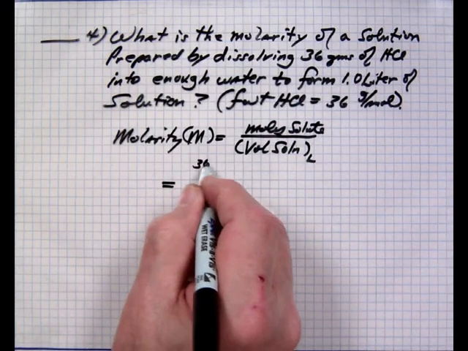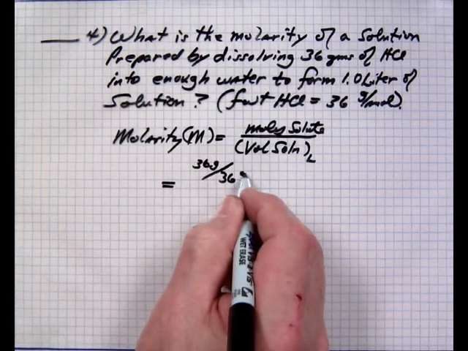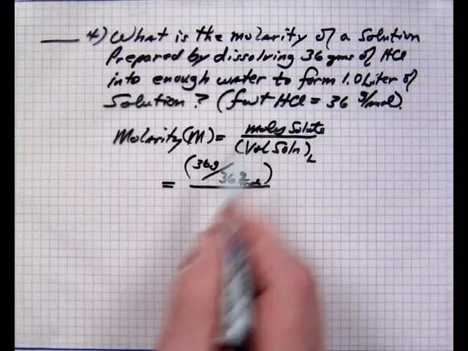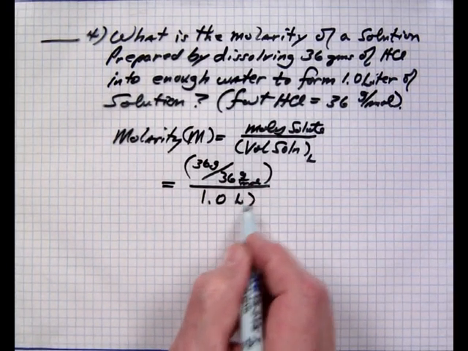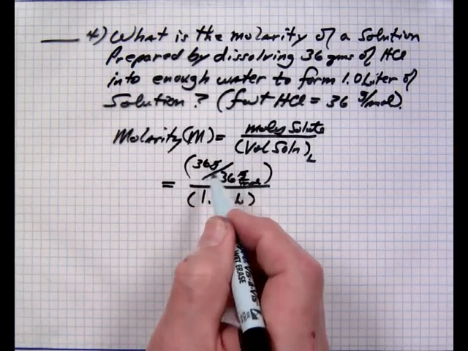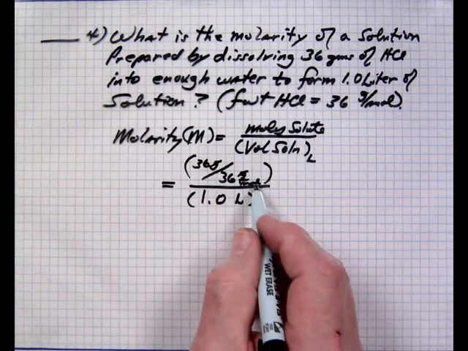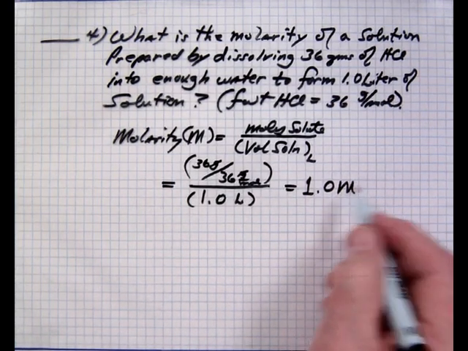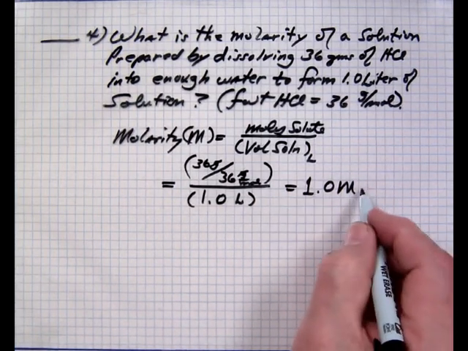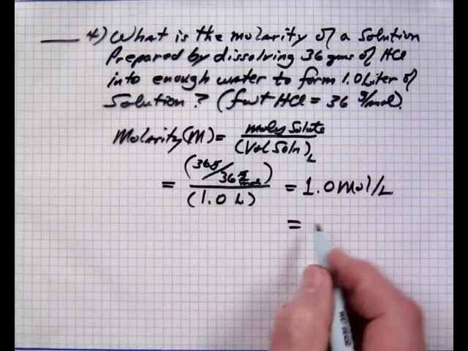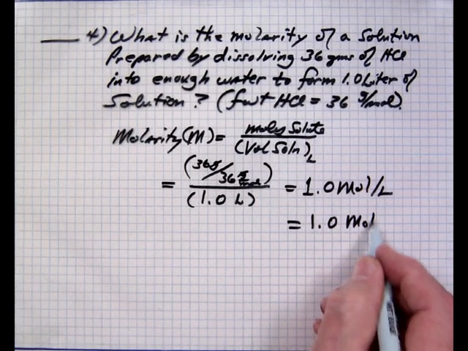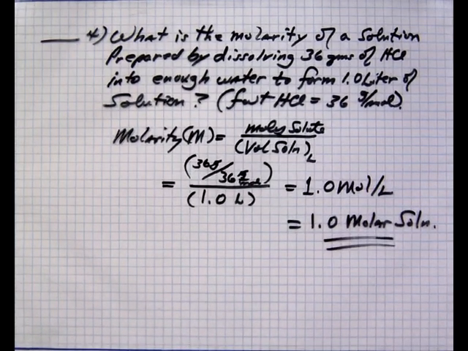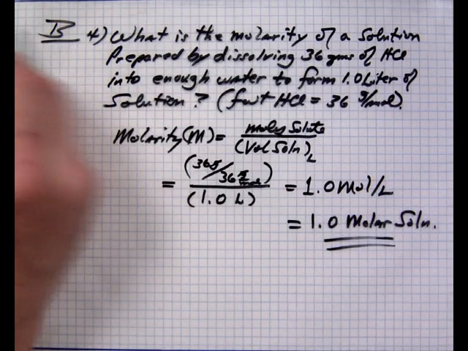So we'd have 36 grams divided by 36 grams per mole, and then that divided by the volume of solution, which is 1.0 liters. Grams drop out, 36 goes to 1, and so we have 1.0 mole per liter, which is a 1.0 molar solution. And that is B choice.